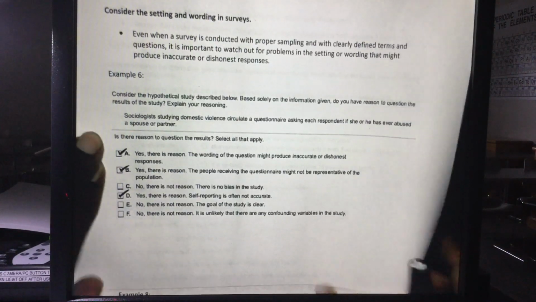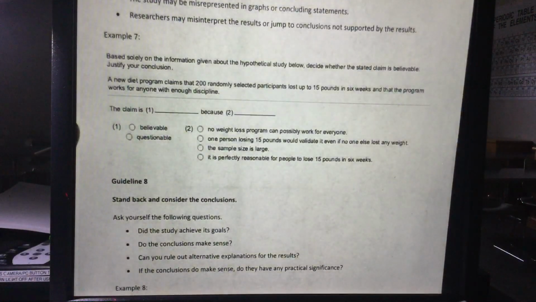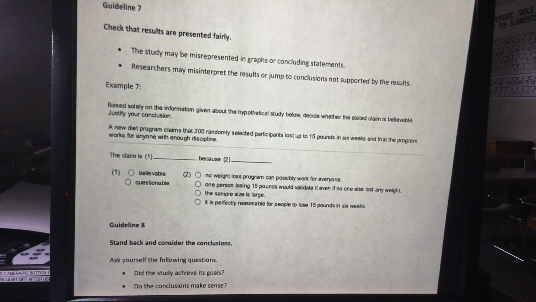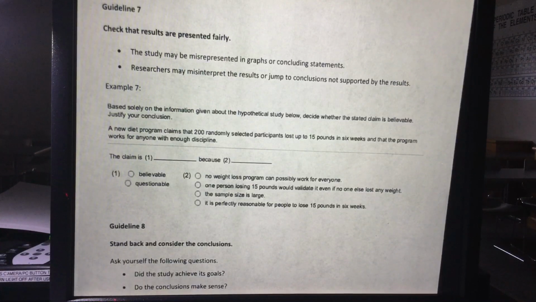Okay, guideline number 7. Check that results are presented fairly, because the study may be misrepresented in graphs or concluding statements, and researchers may misinterpret the results or jump to conclusions not supported by the results.